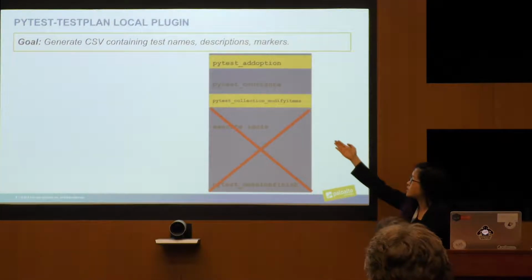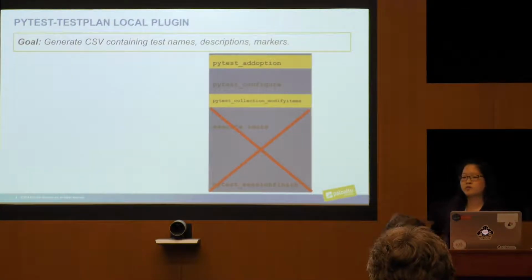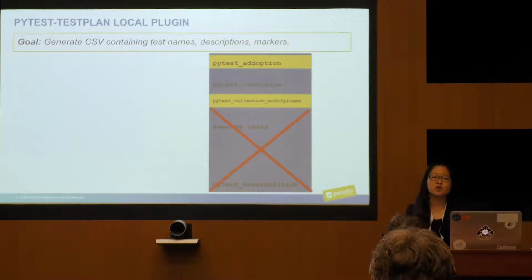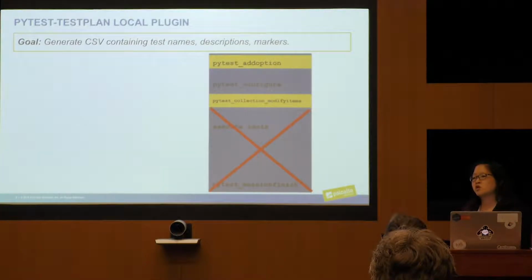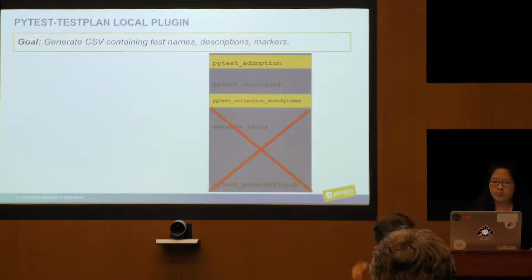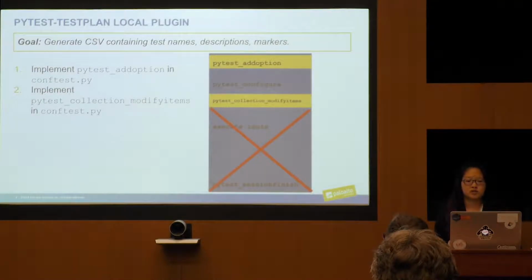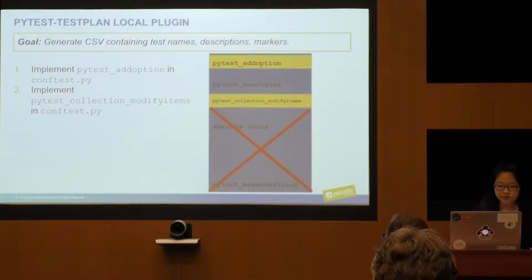We're going to implement pytest_collection_modifyitems. And then we're going to exit. We're not going to run the tests to generate the CSV report. We just need to know the information about the tests, but not actually run them at the time that we need to generate this report. So those are basically the steps that went into creating this plugin.